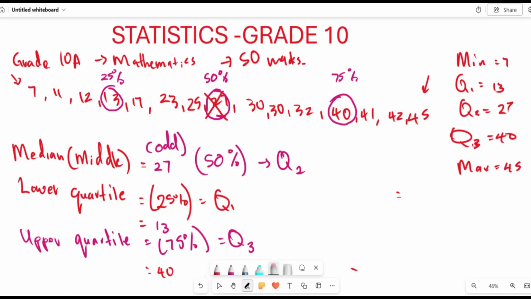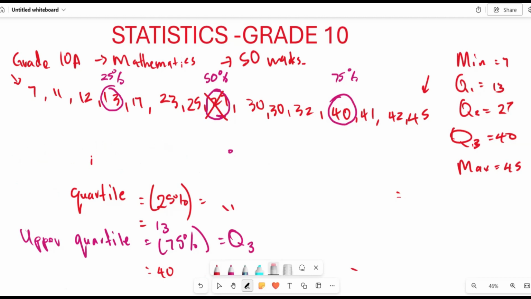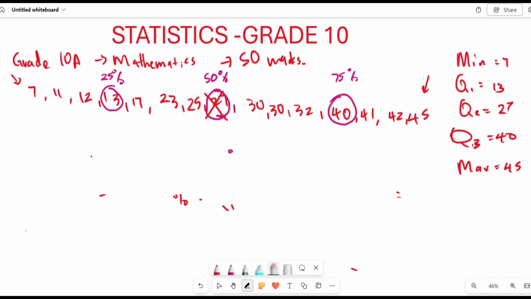And now that we have this, there is the last concept that we haven't covered, which is going to be the mode of this particular data. When we speak of mode, in simple words, we are saying mode is the most appearing number.